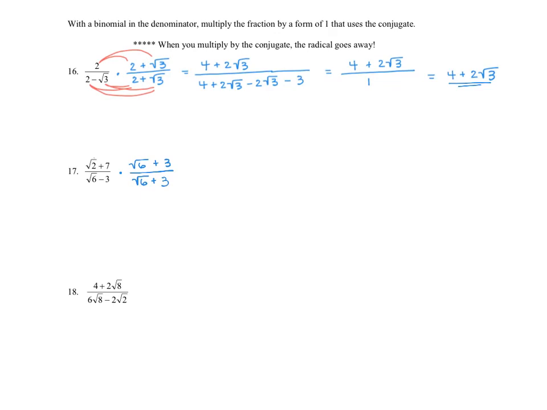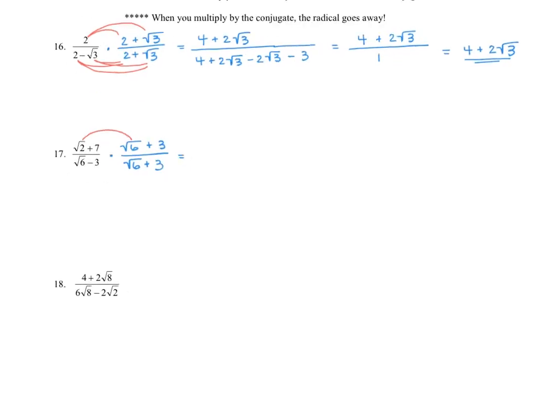So rad 2 times rad 6 is equal to rad 12, and rad 2 times 3 is plus 3 rad 2. 7 times rad 6 is plus 7 rad 6, and 7 times 3 is plus 21.